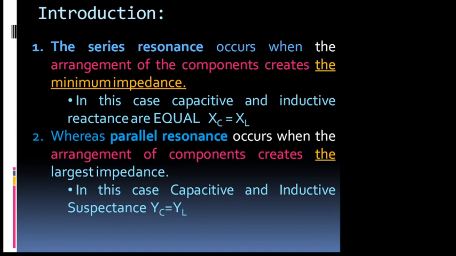The impedance that remains is R, so the impedance will be equal to R. In this case the capacitive and inductive reactances are equal, that is XC and XL. Parallel resonance occurs when the arrangement of components creates the largest impedance. In this case the impedance tends to infinity, whereas in series resonance it would be a minimum.